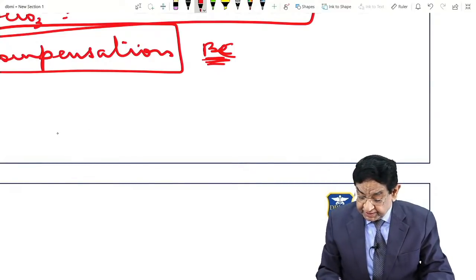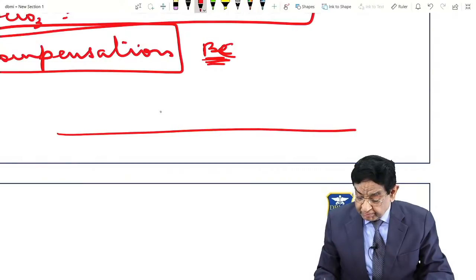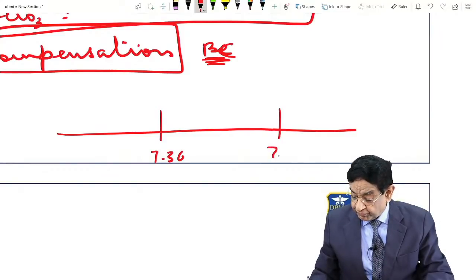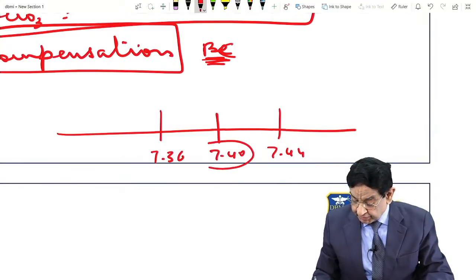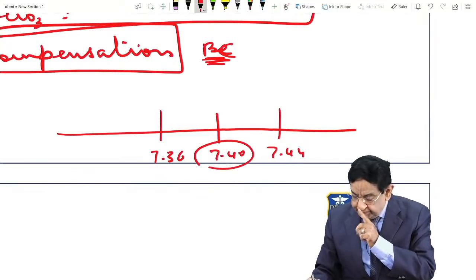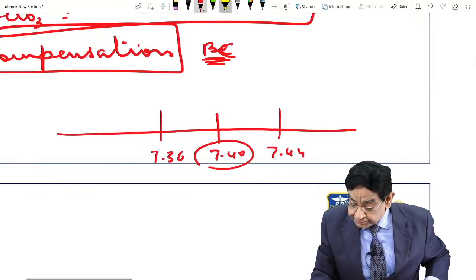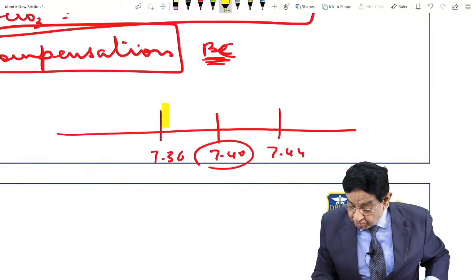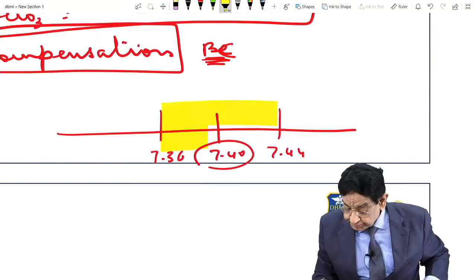Just now we learned normal pH is between 7.36 to 7.44, and for easy calculation I have taken the average as 7.40. So this is the normal range of the pH.